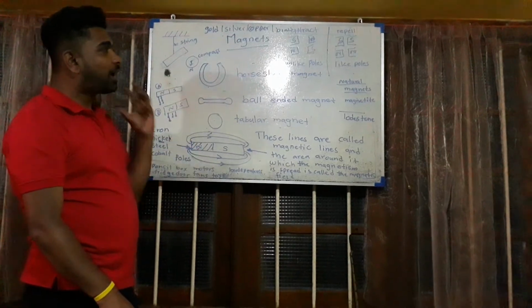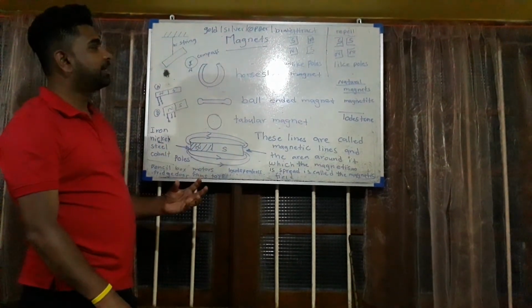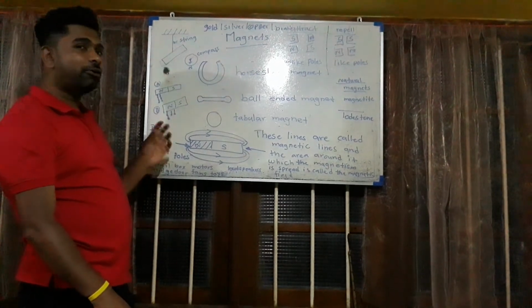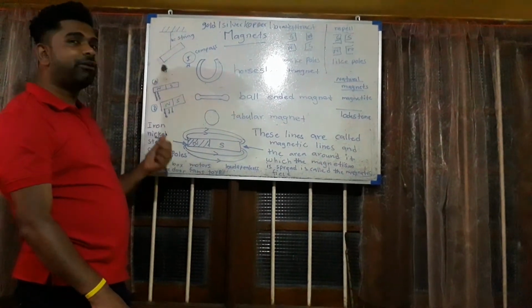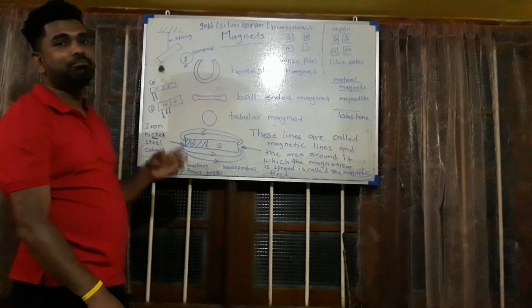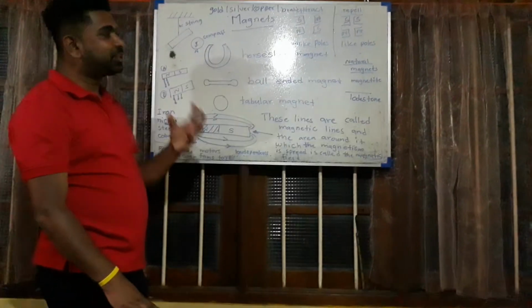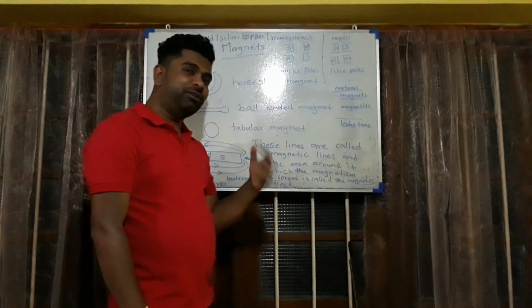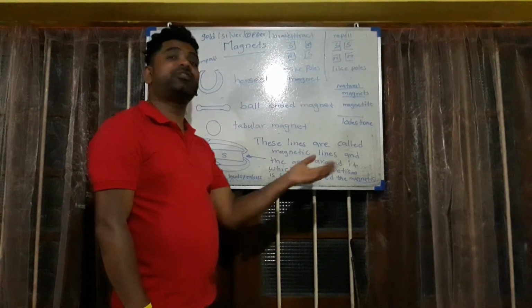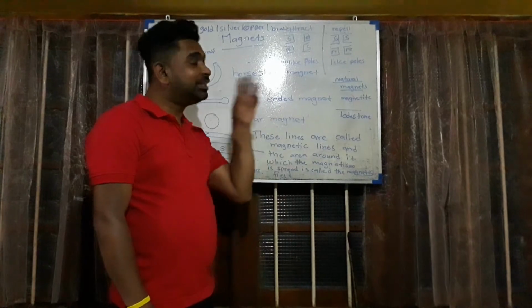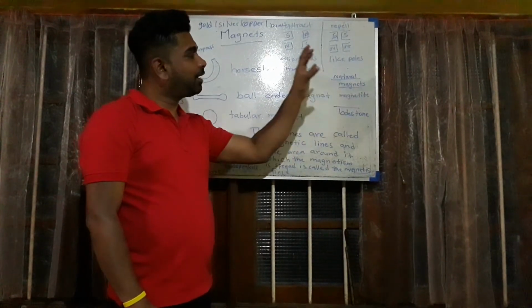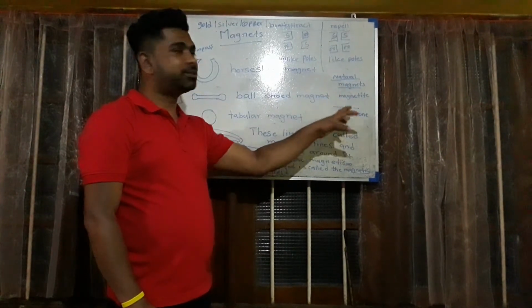The substances which attract iron, nickel, steel, cobalt, or mixtures of them or alloys are called magnets. Naturally we can find some materials on the earth which have the ability of attracting iron. These are called natural magnets. Examples are magnetite and lodestone.